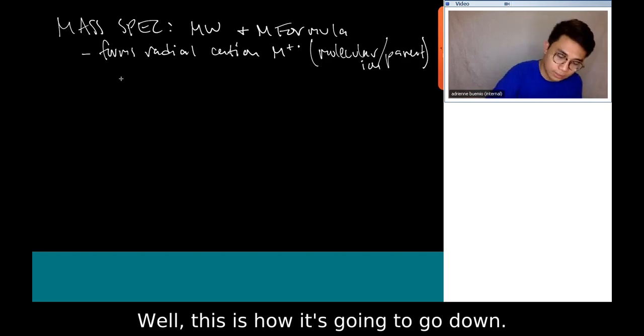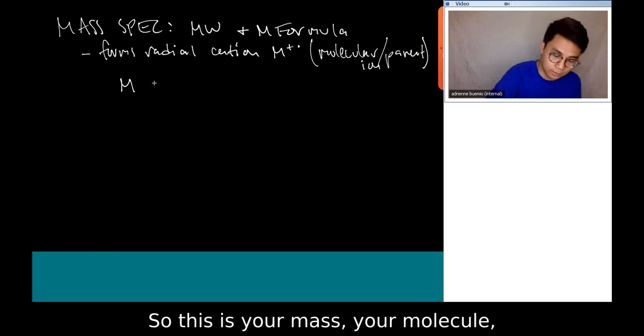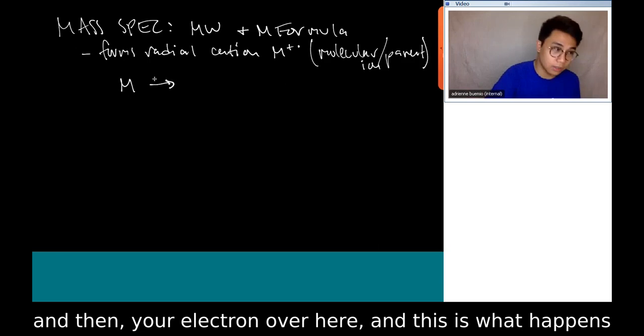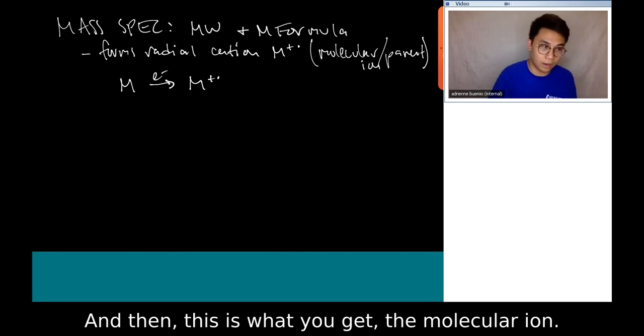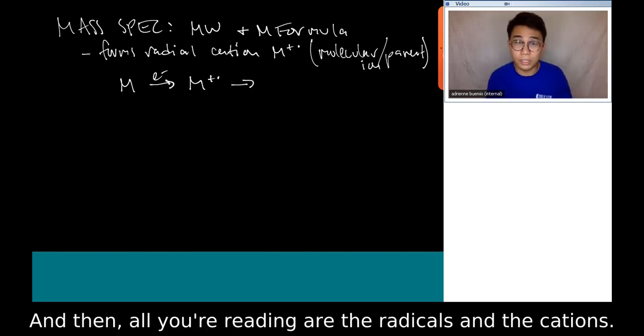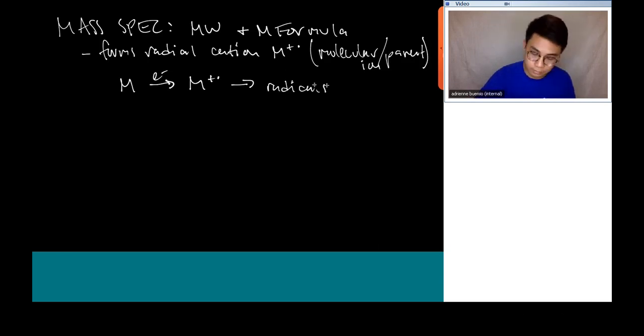Well, this is how it's kind of gonna go down. So this is your mass, your molecule, right? And then your electron over here, and this is kind of what happens inside the mass spec. And then this is what you get, the molecular ion. And then all you're reading, right? All you're reading are the radicals and the cations.